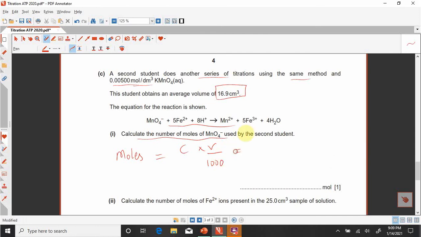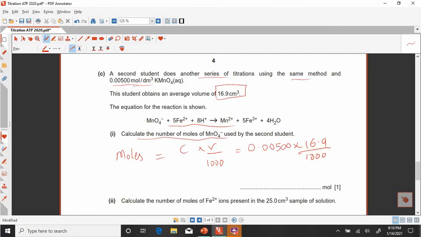So what is the reading here? This is the concentration, 0.0050, into the volume. What is the volume? The volume is 16.9, and that is divided by 1000.